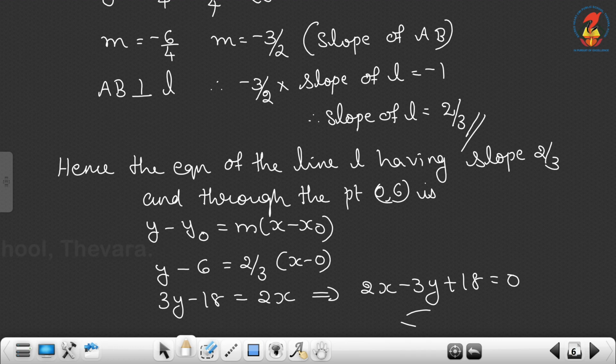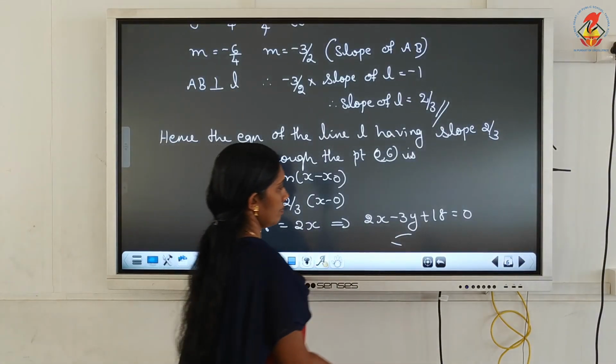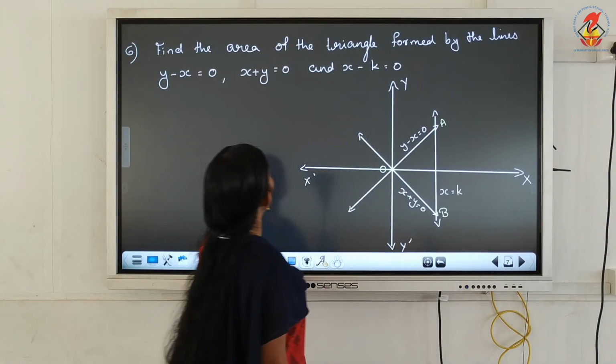That is the equation of the required line.